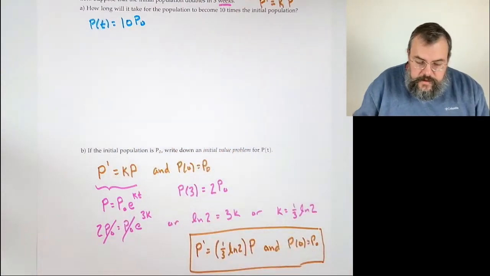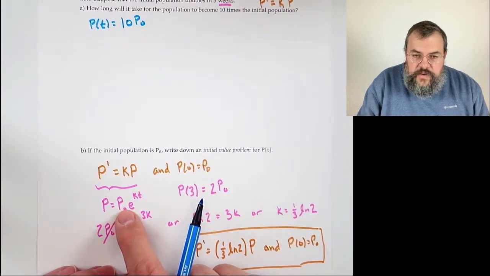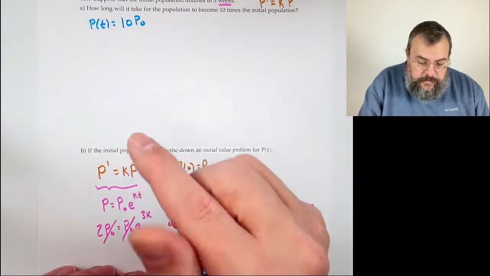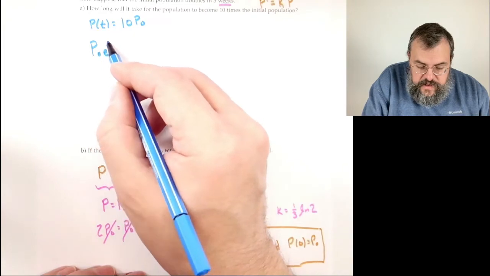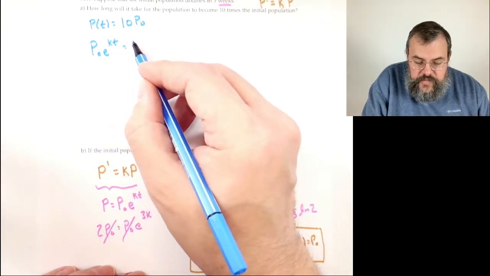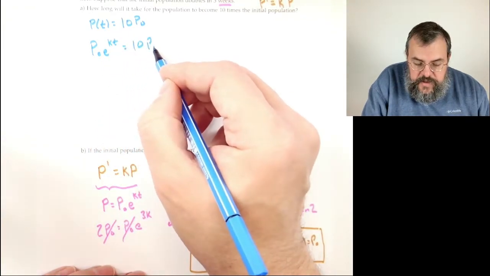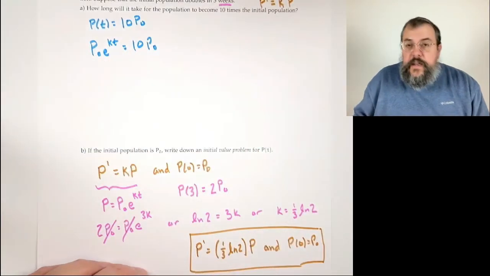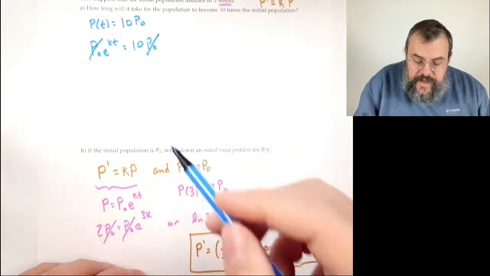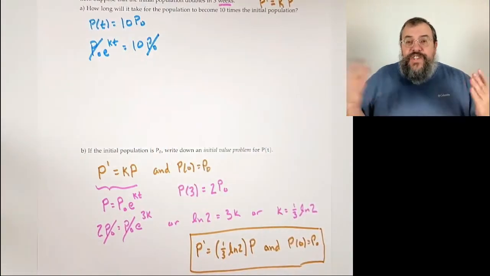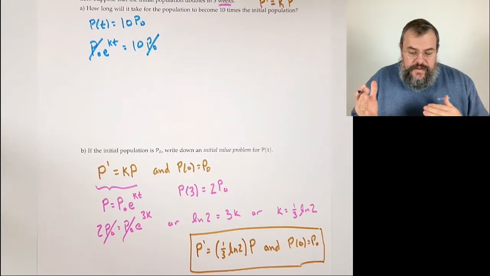We know that our P of t has this form, P0 e to the Kt. We know what K is. So we want P0 e to the Kt to be 10 times P0. And again, the P0 cancels off. So it doesn't matter what the initial population is. It won't change the amount of time it takes.